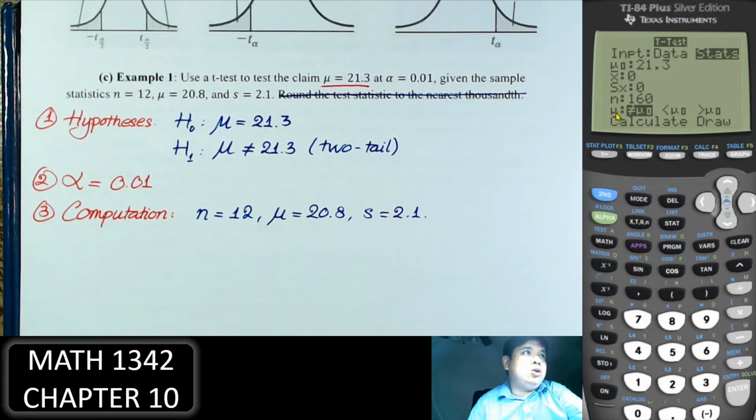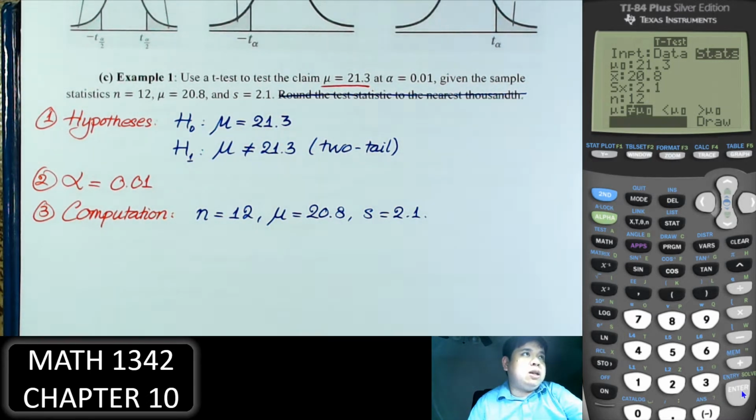So the alternative hypothesis is mu not equal to 21.3. Now the x-bar: from the sample we have 20.8 and standard deviation of 2.1. N is 12. Assume that all the conditions are satisfied.